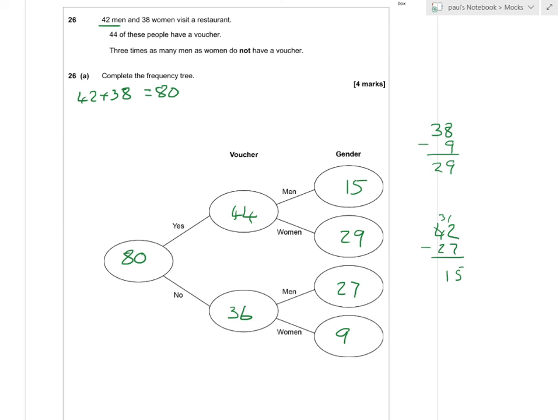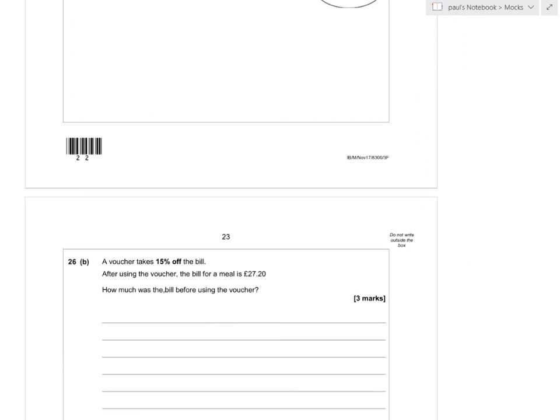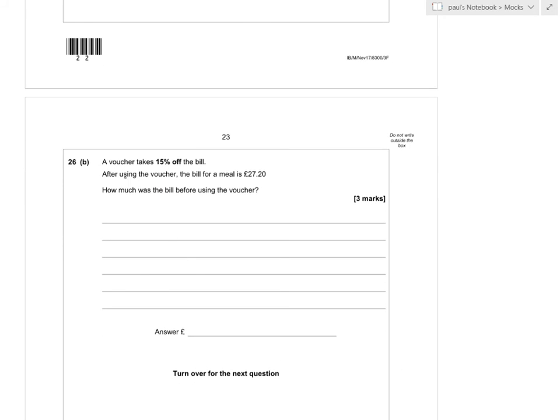Okay. 26B. There's going to be a probability question coming up. There always is. A voucher takes 15% off the bill. After using the voucher, the bill is that. What was it before? If you take 15% off, the bill was 100%, take away 15%, that equals 85%. So this represents 85%.